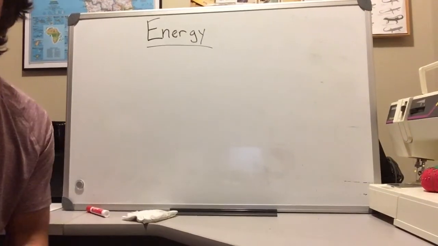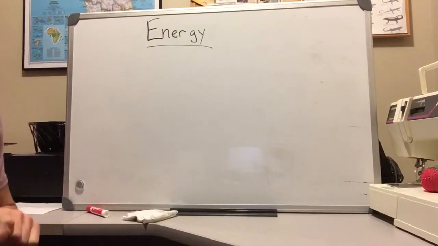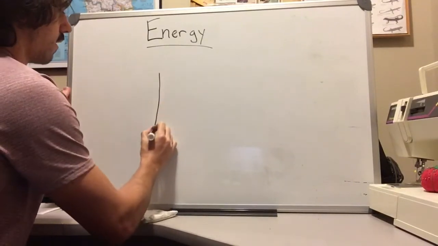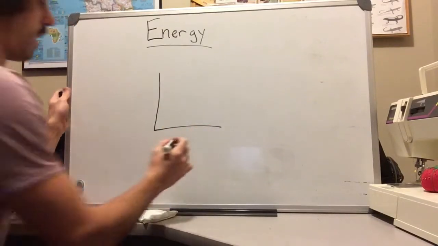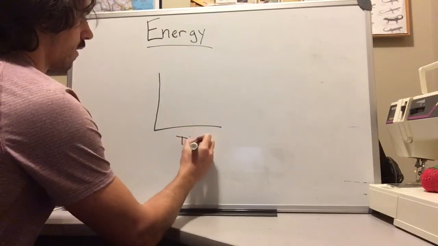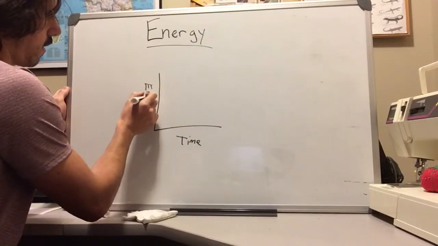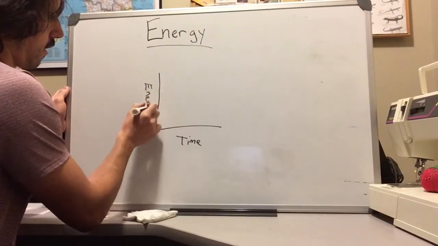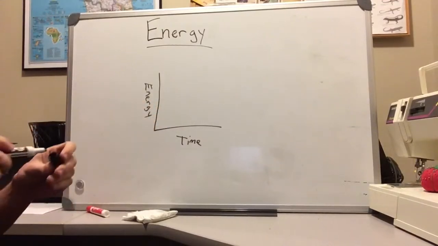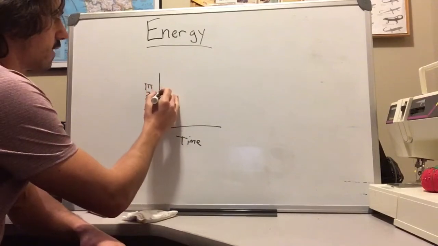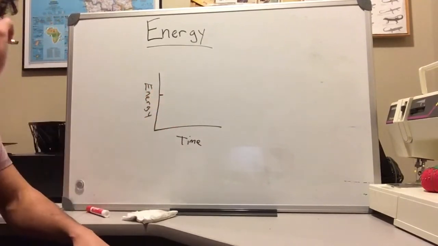So let's talk about energy within a chemical reaction. What I can do is I can plot the energy of my substances over time. So I have time on the x-axis, and I have energy on the y-axis. So at one initial point, the energy of my reactants, I'm going to plot here.